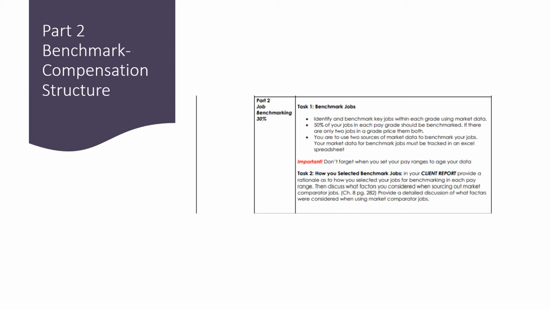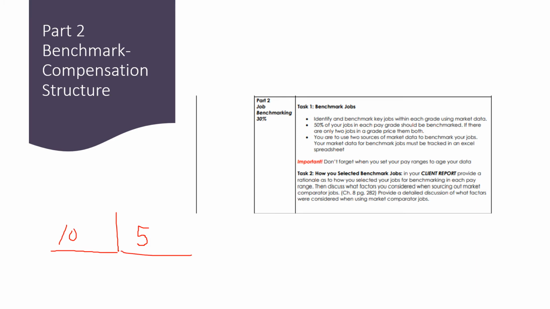You have to use at least 2 sources of market data to benchmark your jobs. And for every pay grade, you have to benchmark about 50% of the jobs in each of the pay grades. So if you've slotted, say, 10 jobs in a pay grade, then that means that you have to benchmark at least 5 of those jobs if it's appropriate.